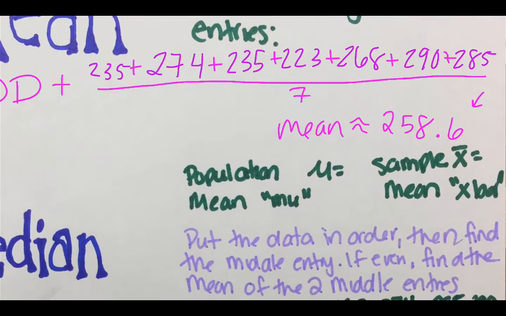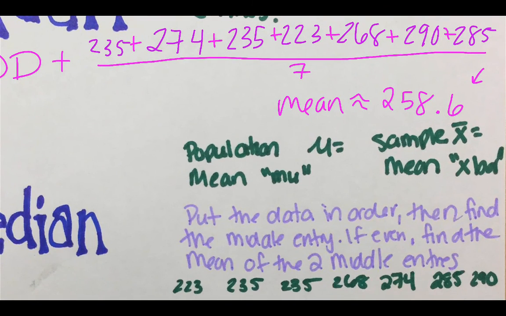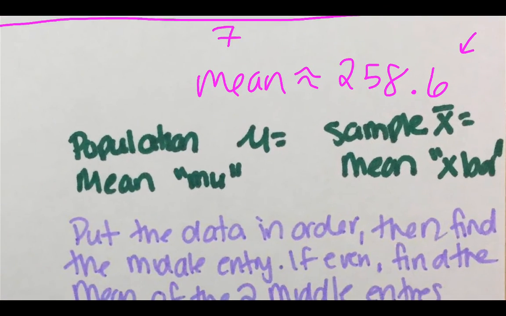When it comes to statistics, we have two different kinds of means. We have our population mean, which we use mu. Mu is how we pronounce it, but it's this Greek letter M here.